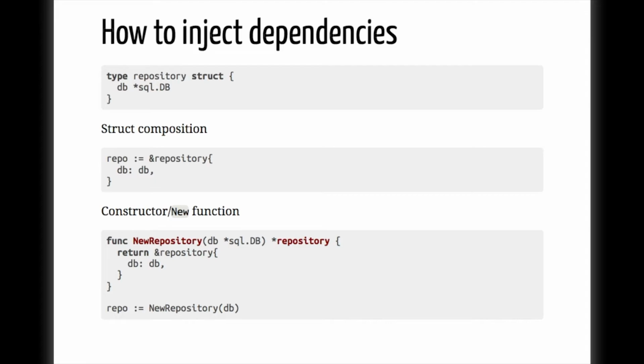The second one is more preferred because of two reasons. The first one is that we won't compile code where we forgot to insert some dependencies, but with struct composition, we can simply forget about some dependencies. And the second reason why the constructor is a better option is because we can do some more initialization than only returning a simple struct.